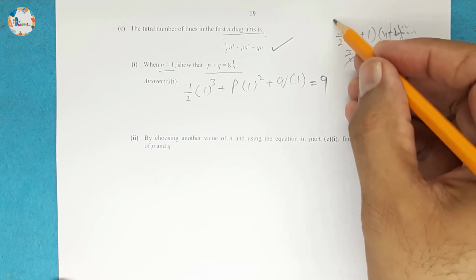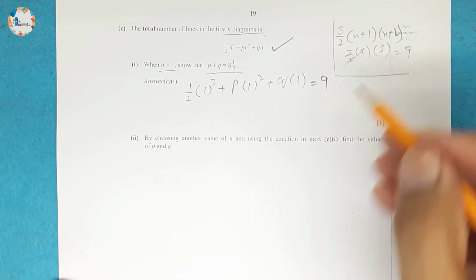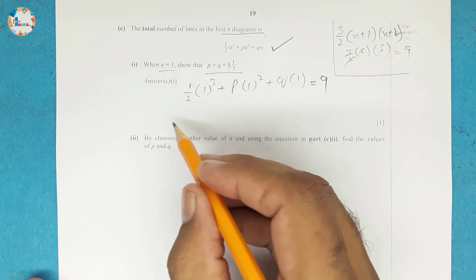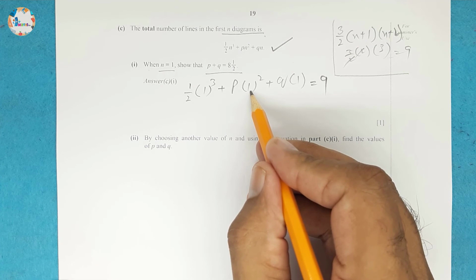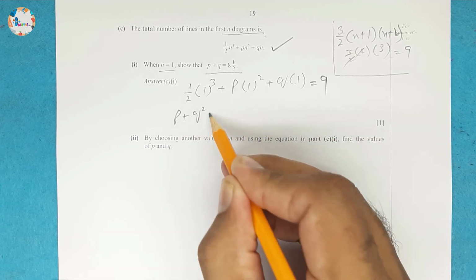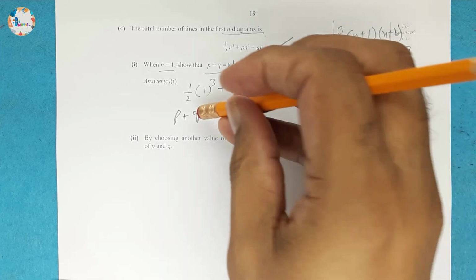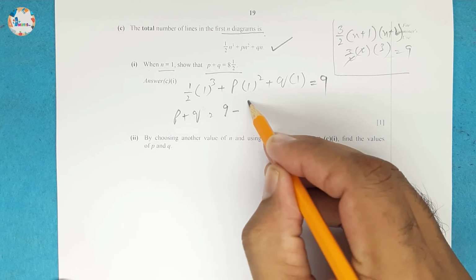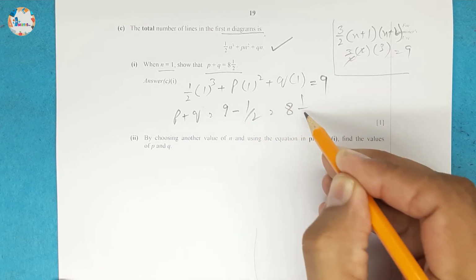We got 9 by replacing n is equal to 1 in the given formula in the table for the number of lines, and we got this 9 which we have written over here. So we can write here p plus q is equal to 9 minus 1 by 2, which is equal to 8 whole 1 by 2.